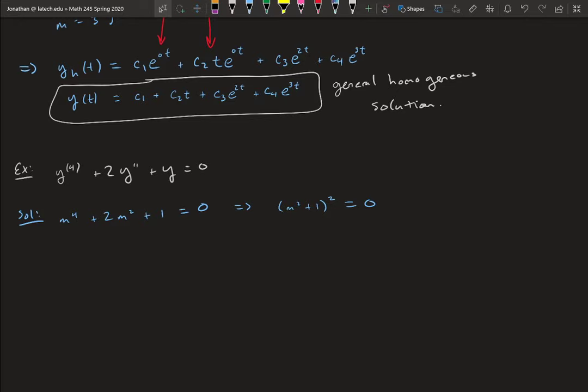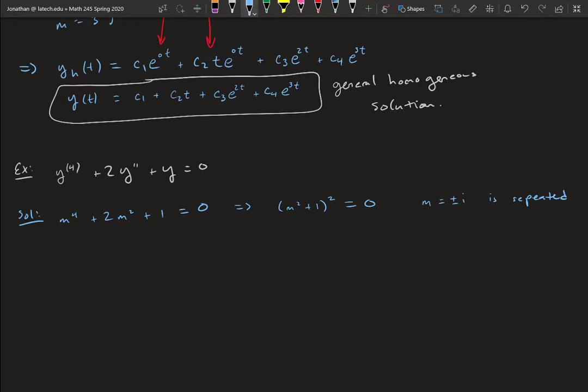That's actually a perfect square quadratic. So this means m equals plus or minus i is repeated.